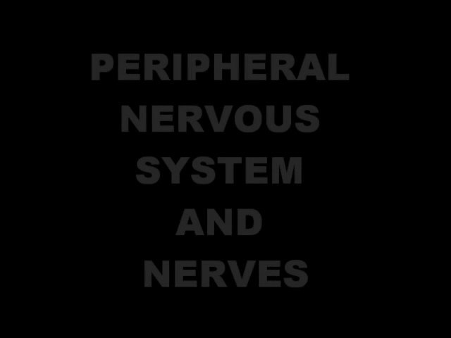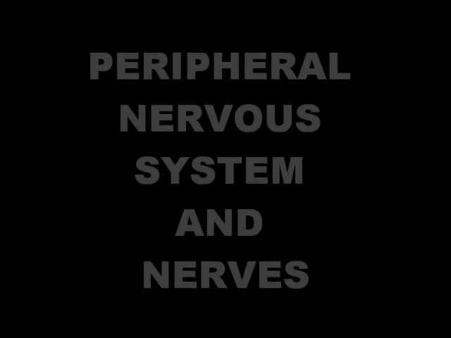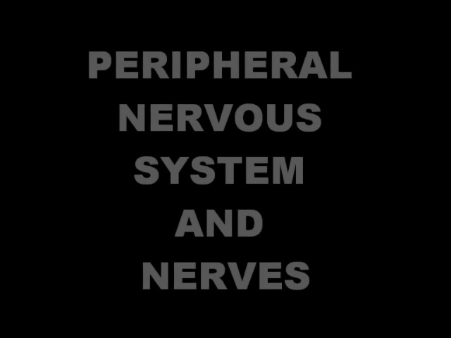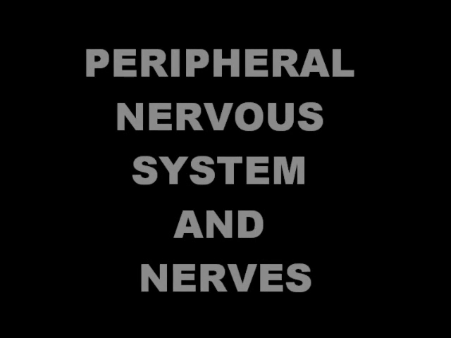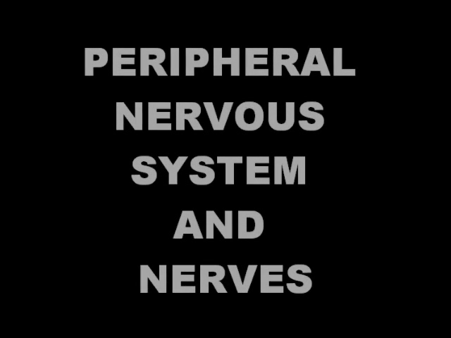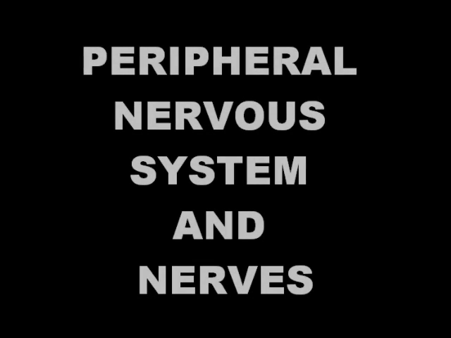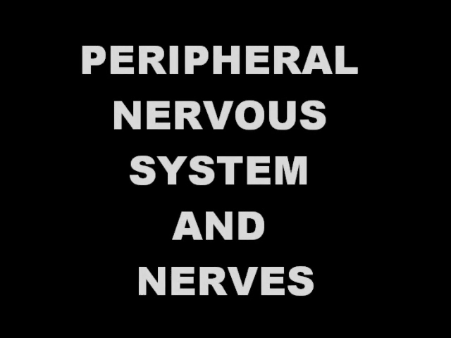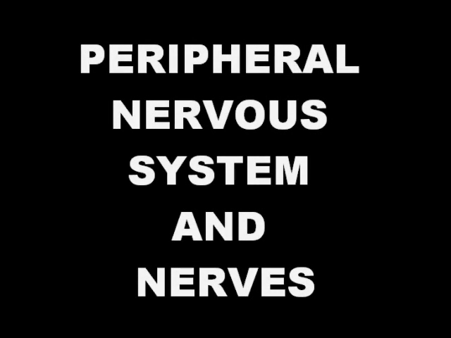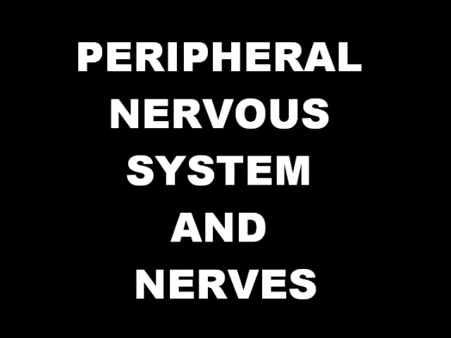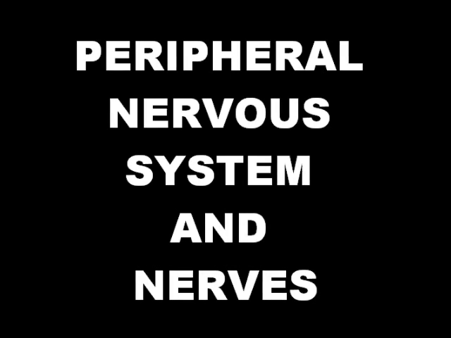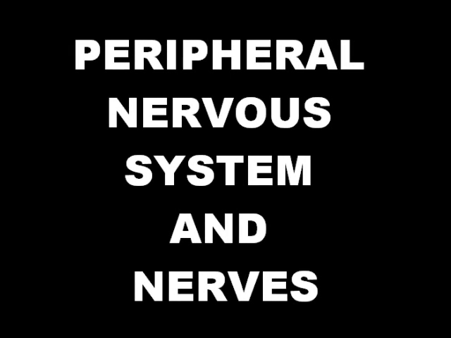Okay, now we're going to get to the fun part, the important part, talking about the actual nerves themselves, the peripheral nervous system, which are basically the nerves that are separate from the central nervous system.